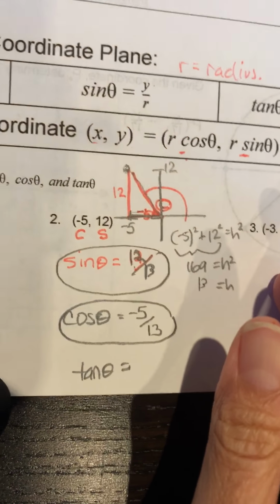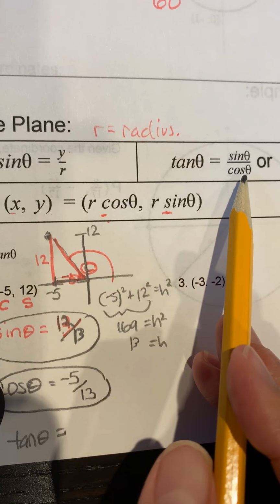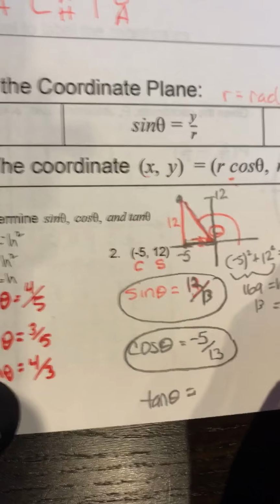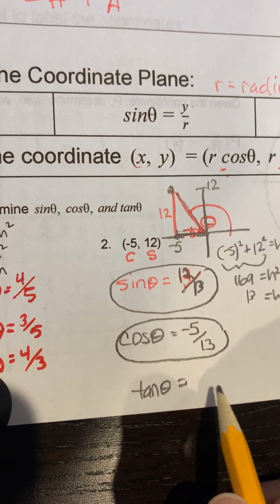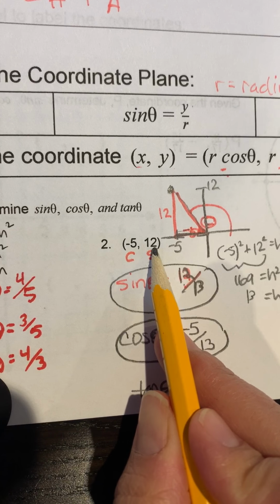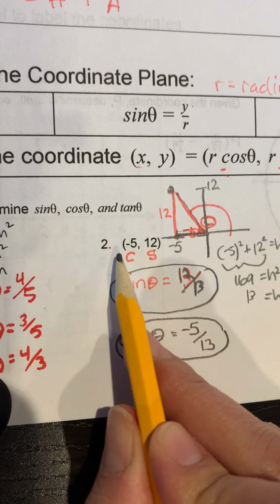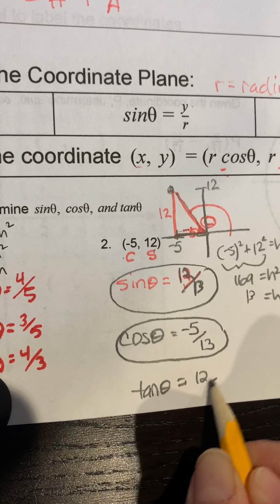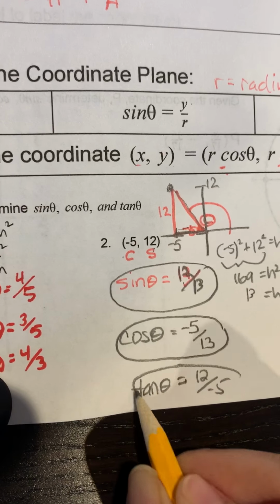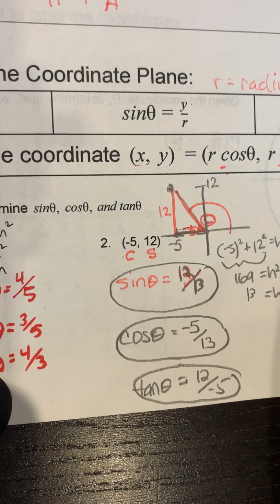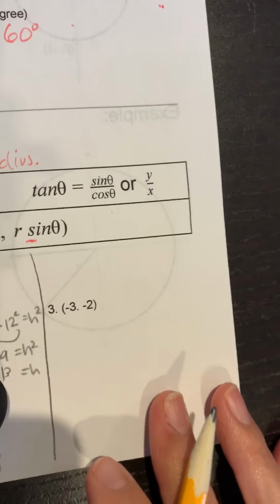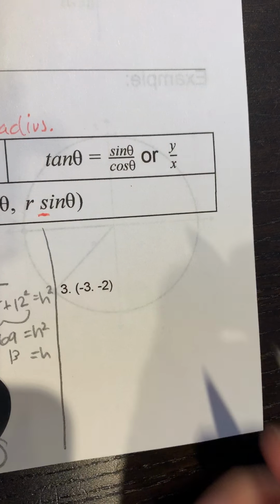It's sine over cosine, or basically just y over x. So tan of theta is just y over x. So it's just y is 12. That's -5. So then it's just 12 over -5. Okay? You're going to get the hang of it, I promise. Let's try one more.